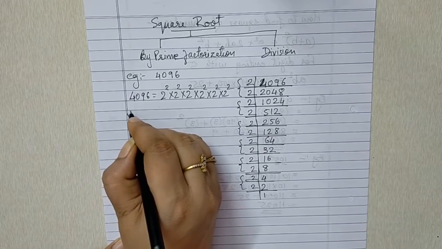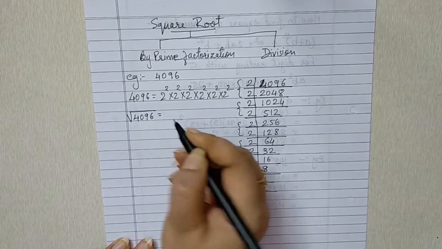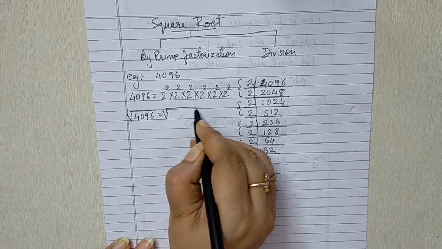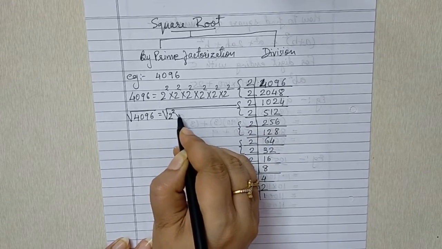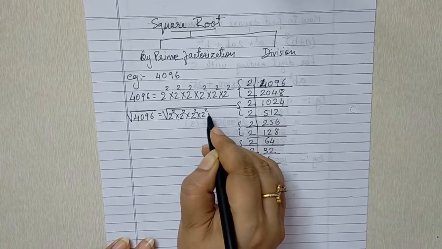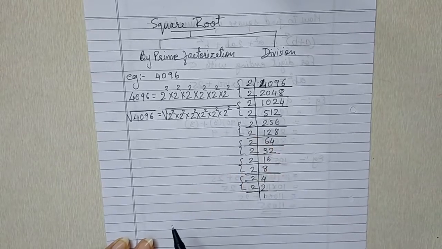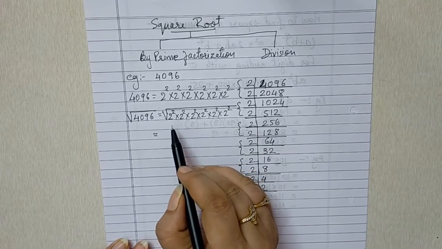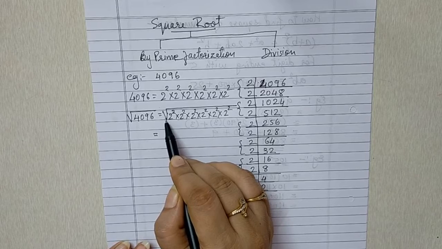Now to find the square root of 4096, we have to put the square root sign on both sides. Now on the right hand side we have both the signs, that is square and square root, so we can remove both of them.